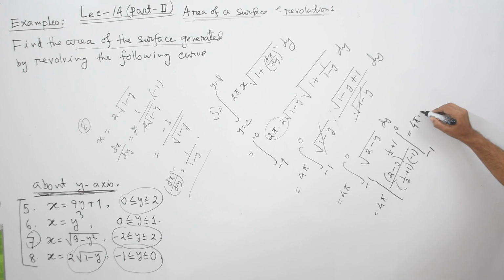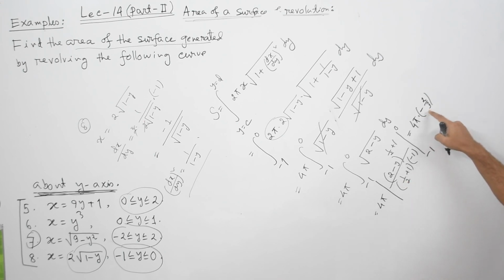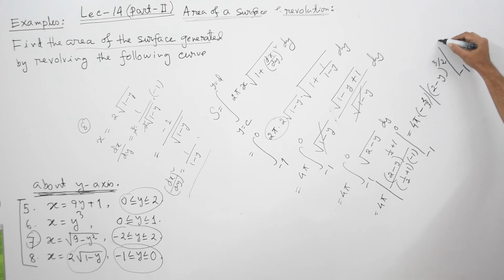So here you have 4π into negative 2 by 3, because the denominator is 3 by 2. If you take it in the numerator, it will be negative 2 by 3, and (2 minus y) to the power 3 by 2, with lower limit minus 1, upper limit 0.